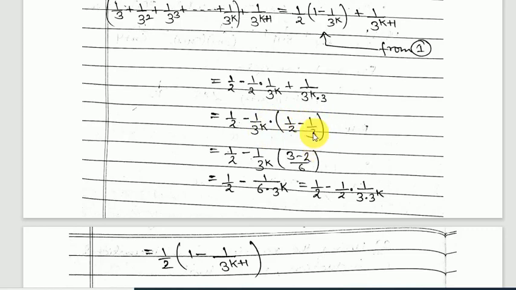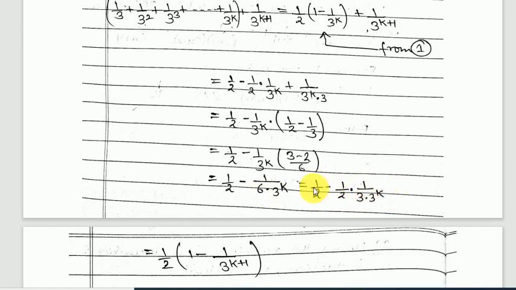Now take the LCM, calculate this, so we get half minus 1 upon 3 to the power k, here we get 3 minus 2 upon 6, then half minus 1 upon 6 into 3 to the power k, which is equal to 1 upon 2 minus, this 6 can be written as 2 into 3, 1 upon 2 into 1 by 3 into 3 to the power k.